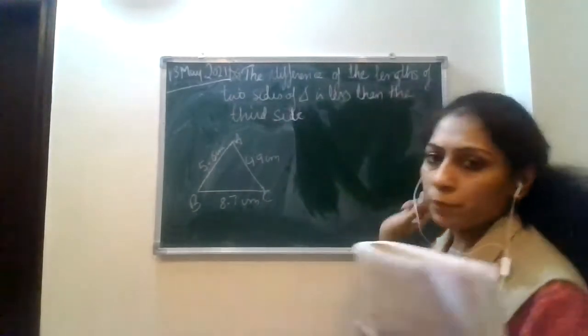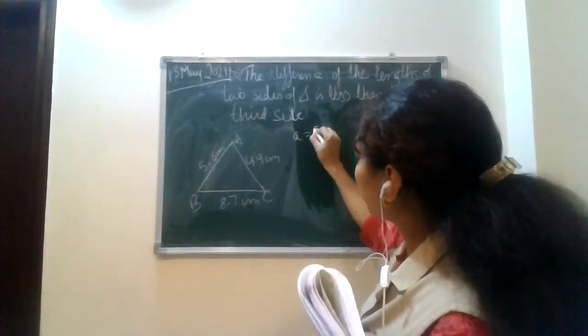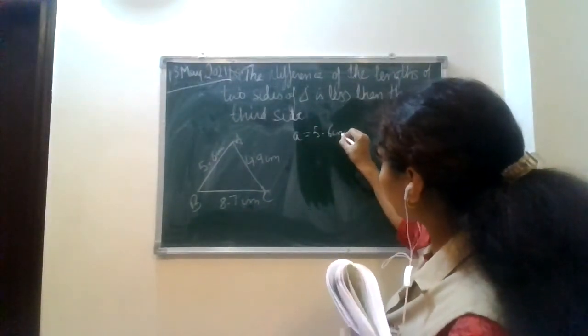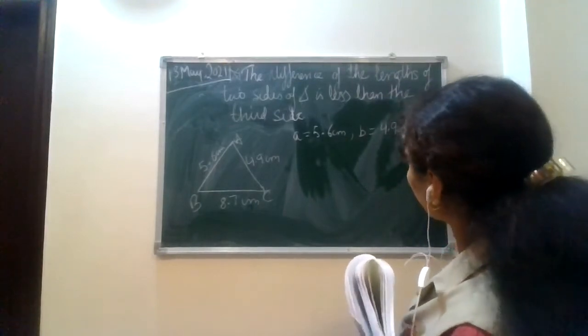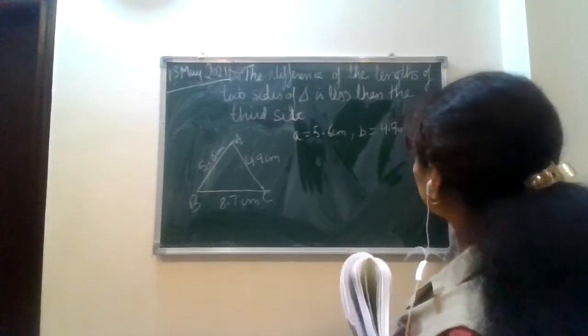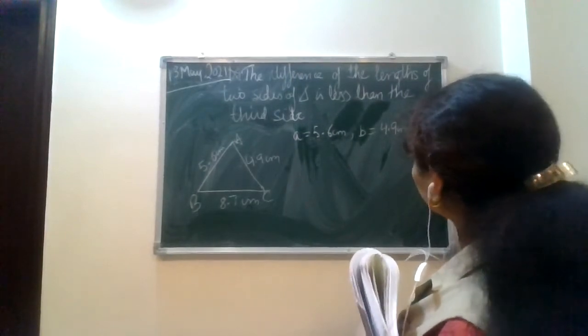How is it possible now? I've taken A as 5.6 centimeter, B as 4.9 centimeter, C as 8.7 centimeter, right?